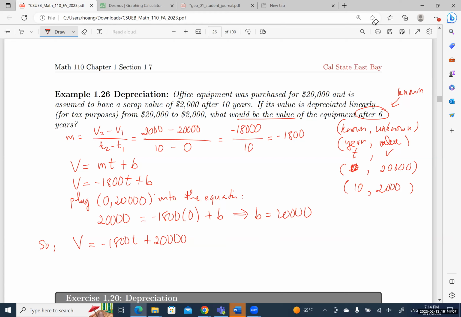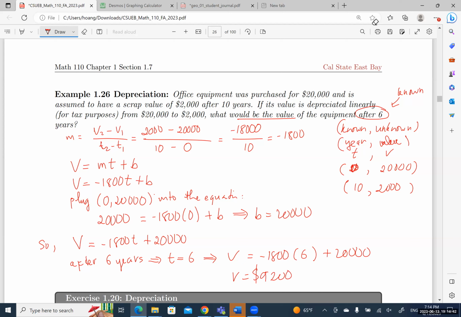Okay, and after 6 years, that means t equals 6. Then v will be equal to negative 1800 times 6 plus 20,000. That means v will be equal to 9,200.